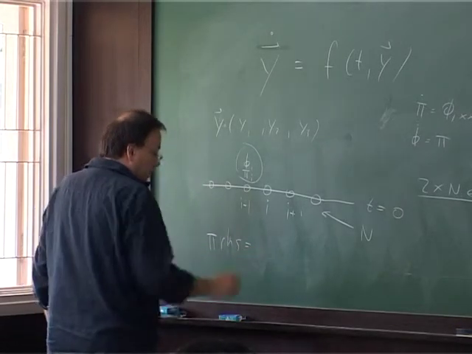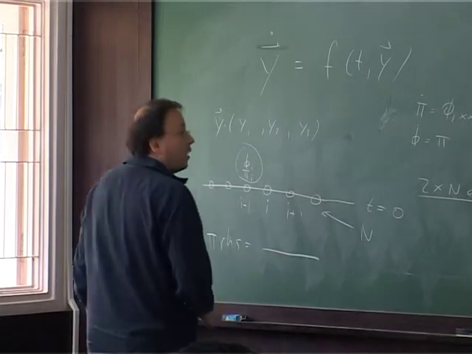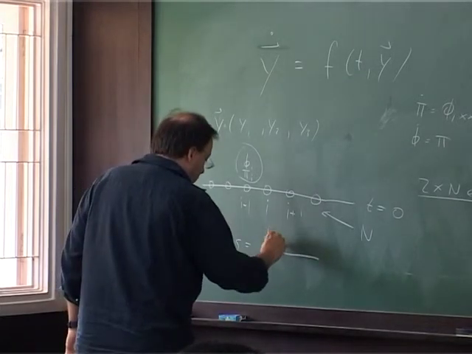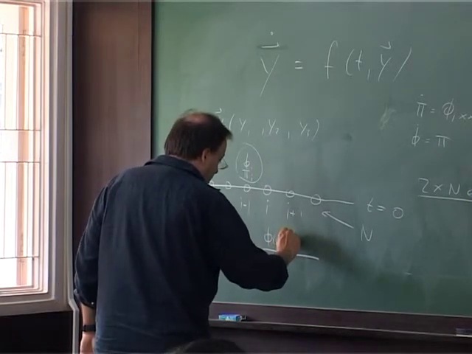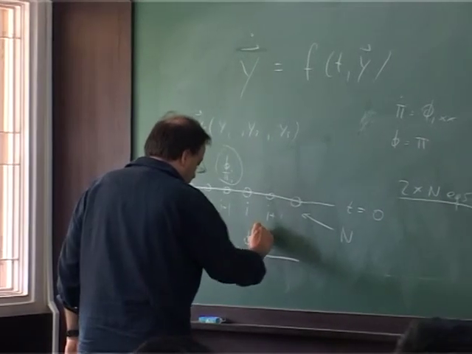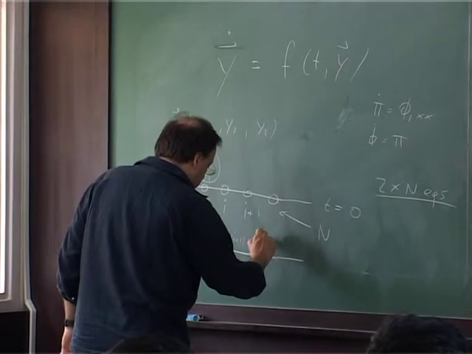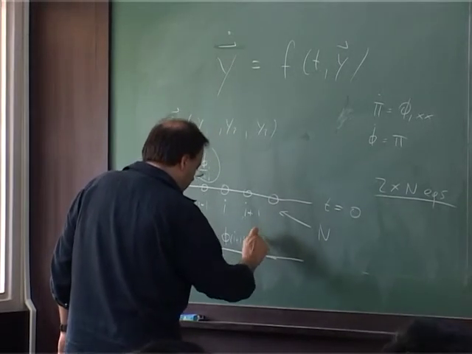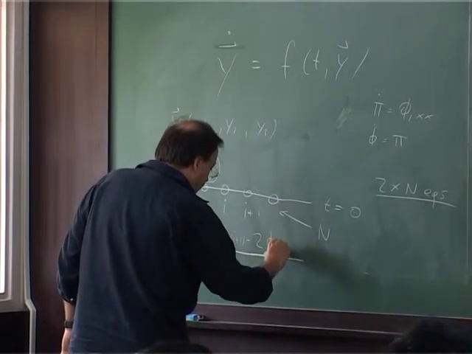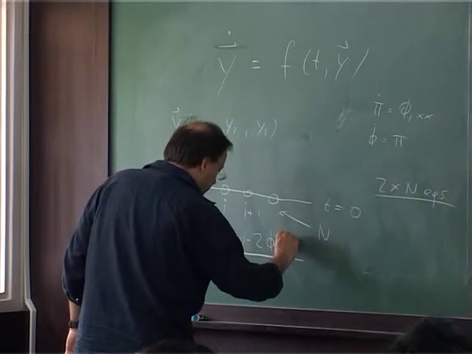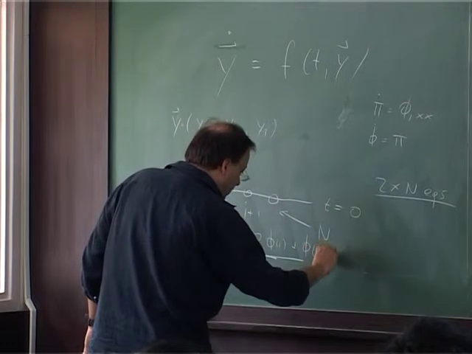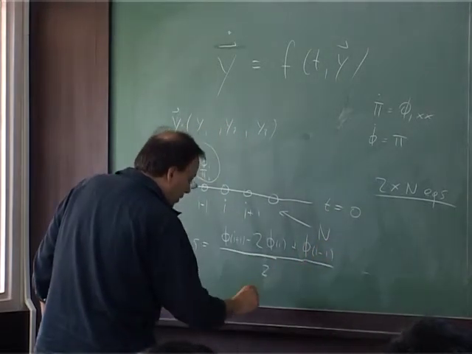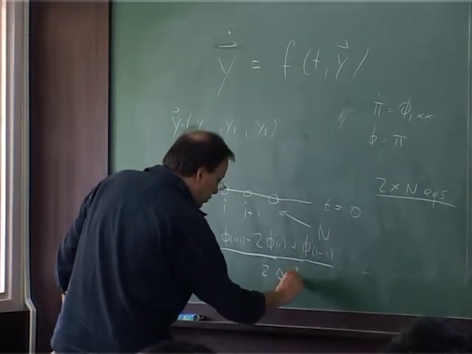This would be phi I plus 1 minus 2 phi I plus phi I minus 1, the whole thing divided by 2 delta x squared.